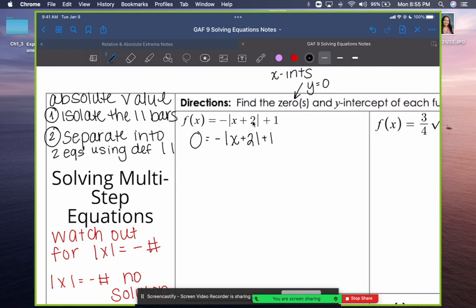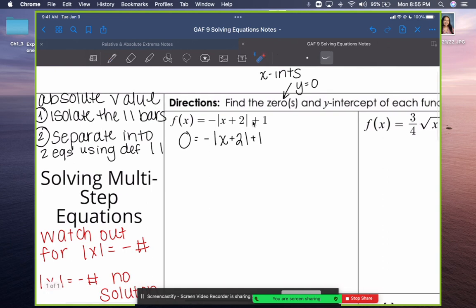Okay. So I'm going to start by getting rid of this plus 1. So I have minus 1 on both sides. So negative 1 is equal to negative x plus 2. All right, now that I have our negative 1, we want to get rid of this negative. In order to do that, we're going to divide by negative 1.